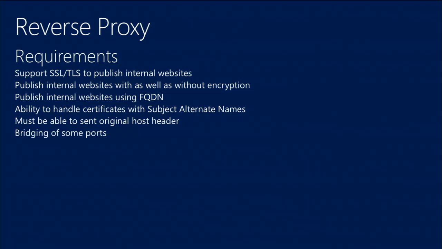Was it for dial-in? Was it for insert URL here? And you may have to do some bridging. Bridging meaning the request comes into the reverse proxy on 443, but it sends it to the next hop on 4443. So it didn't go straight through 443 to 443. We actually port mapped it. So we need to be able to do these kinds of things.